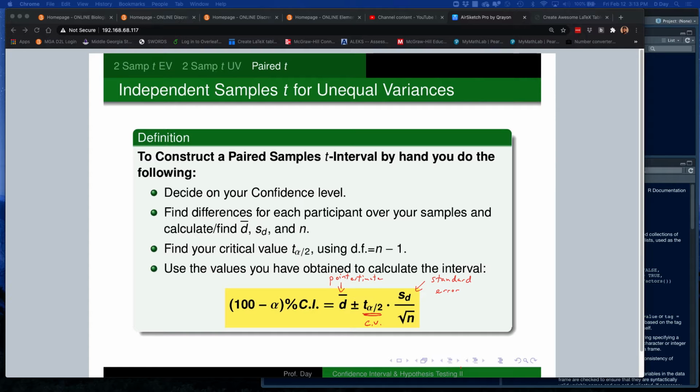Okay. And so it's pretty much like we've been doing with every confidence interval. That's how we would construct one.